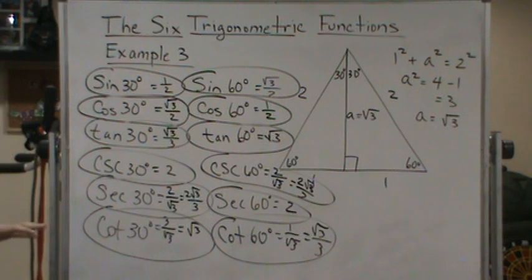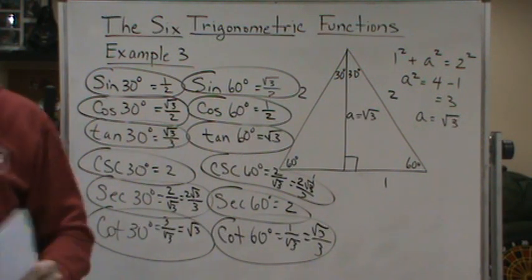And it can be shown from the right triangle definitions that cofunctions of complementary angles are always equal. We're going to talk about that. So those are cofunctions. Cotangent and tangent are cofunctions. And we'll talk about that next time.